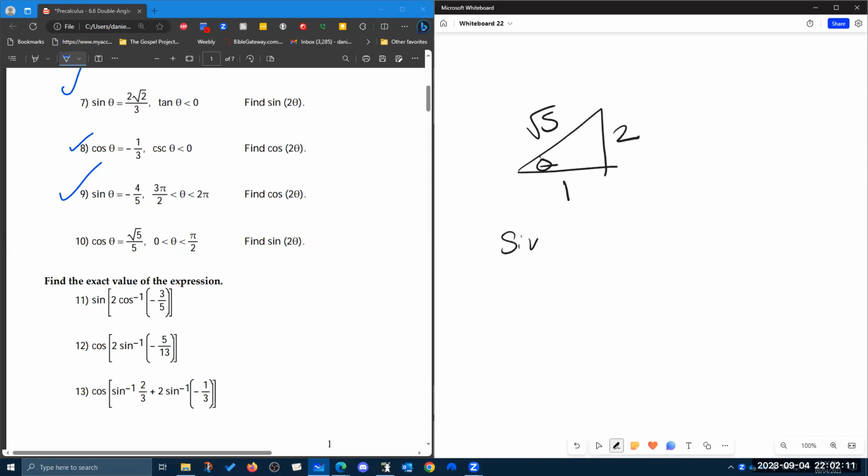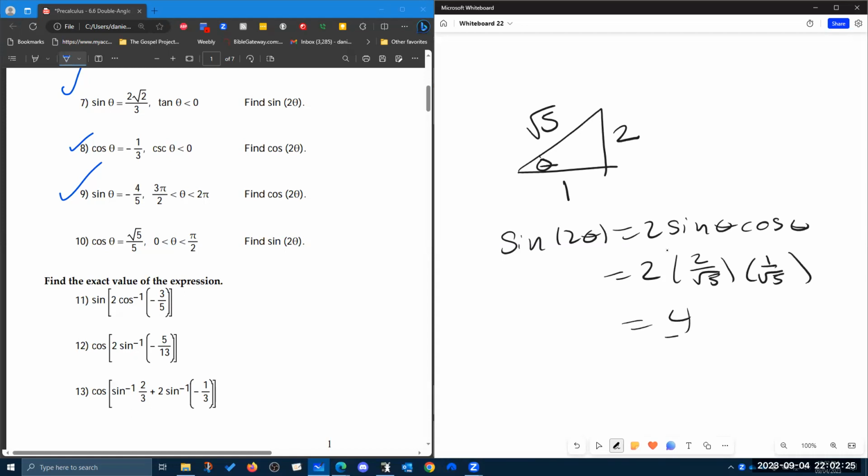Find sine 2 theta. 4 over 5. All right, we'll come back next time and we'll use inverse trig functions to simplify the expression.